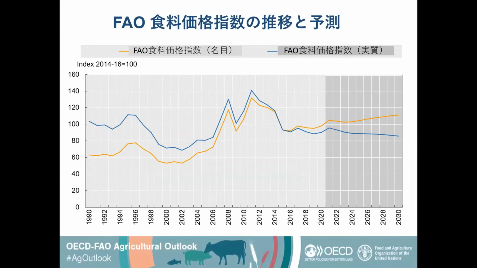But what we see is that, because of the slowing demand growth and continued productivity potential, prices are slightly declining in real terms over the next decade. And especially now, coming from high prices, this is a better indication. So we are likely to see lower real prices at the end of the next decade. Whether that's in nominal terms depends on how inflation will move.